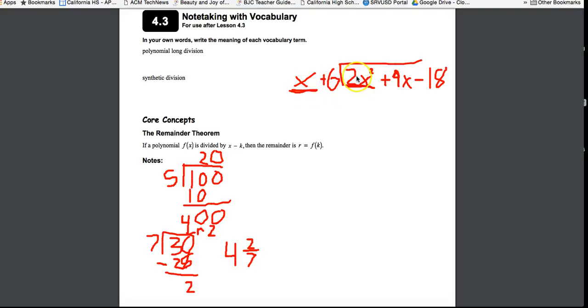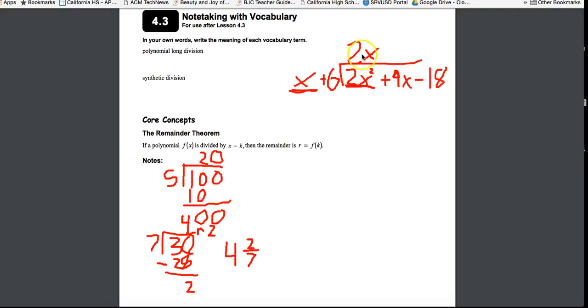So here we're dividing 2x squared by x. Another way of looking at that is, what do we need to multiply x by to equal 2x squared? In this case, we can see that it is 2x.